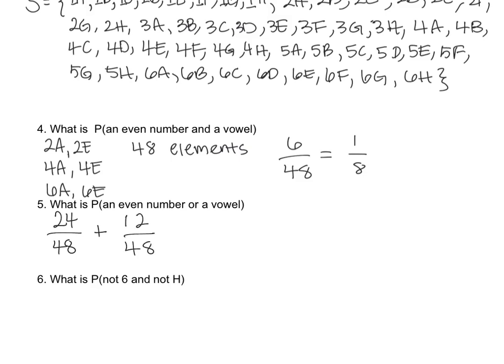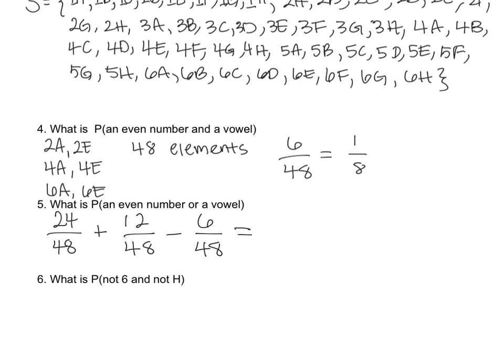Okay. Now, because these are not mutually exclusive events, you can have an even number and a vowel. We then have to subtract the overlap, which we just calculated at number 4. We know there are 6 elements out of the 48 that are an even number and a vowel.